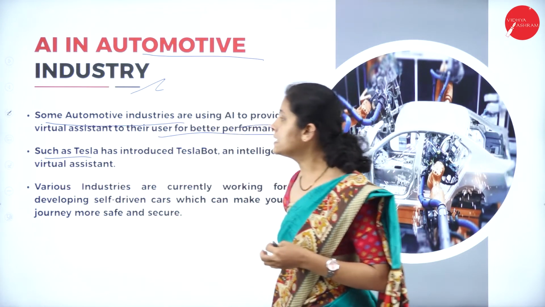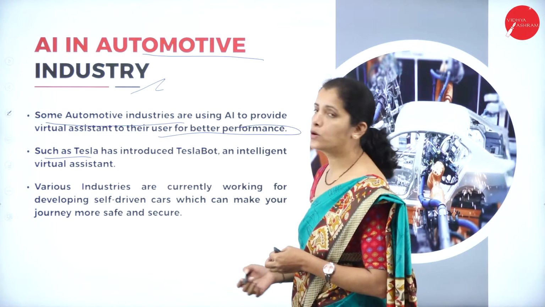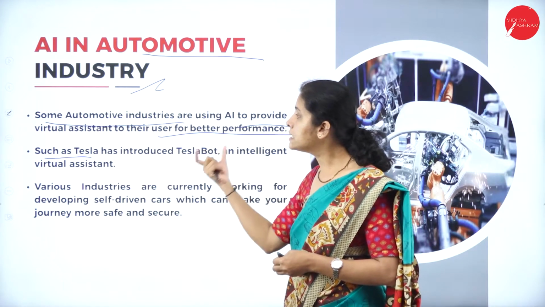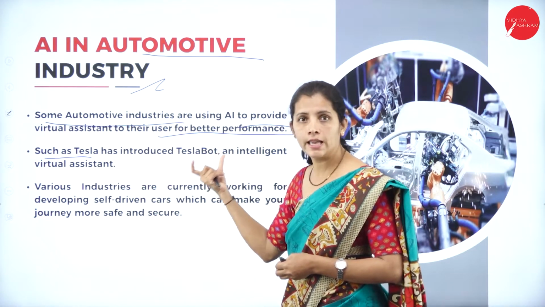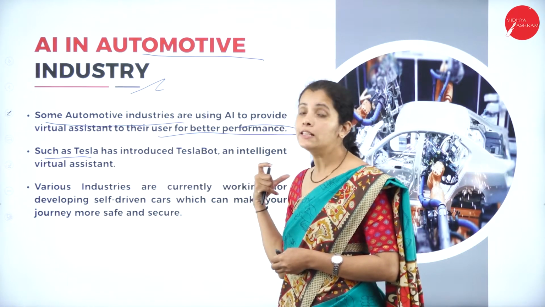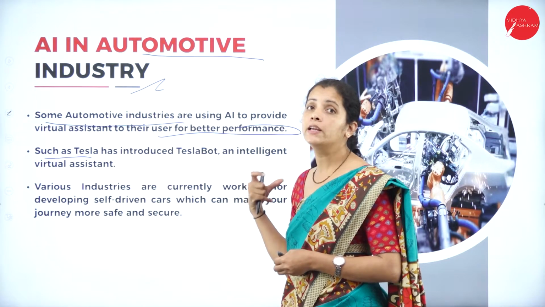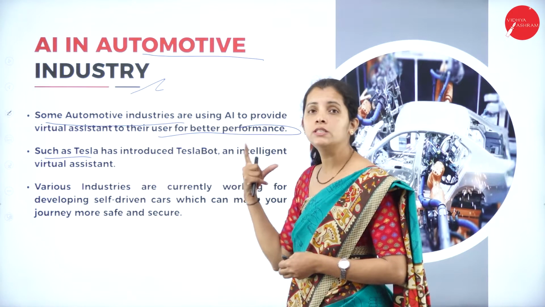Such as Tesla has introduced Tesla Bot. So here Tesla, what is Tesla? It is nothing but the self-driving car. Example for self-driving car. And to instruct or to provide information to the client, they are going to use a chatbot.